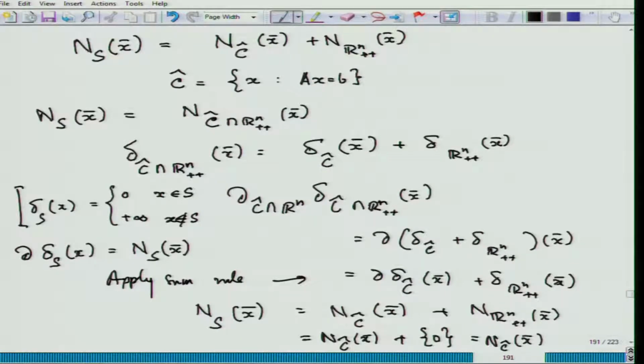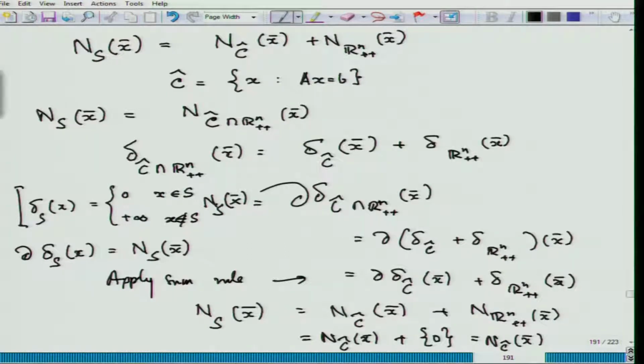So, sorry, this should be like this: the subdifferential of this, the normal cone to S, and then the sum rule is applied.